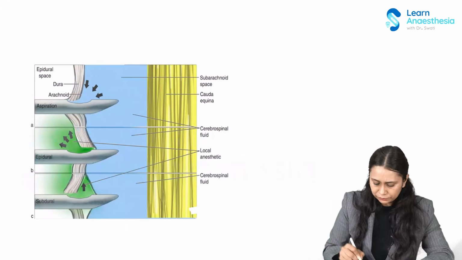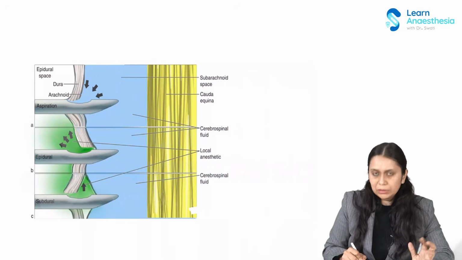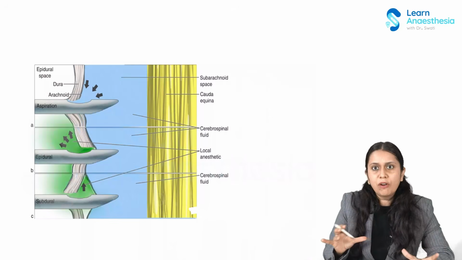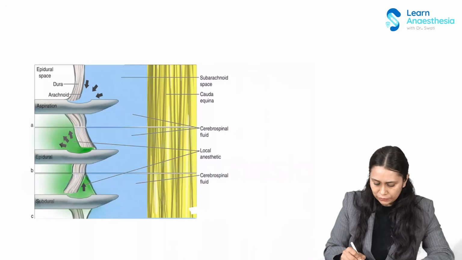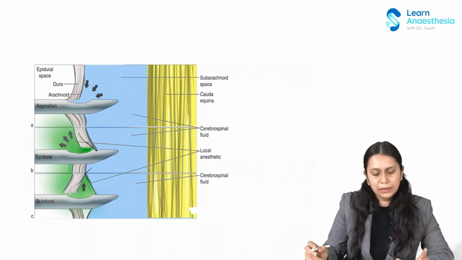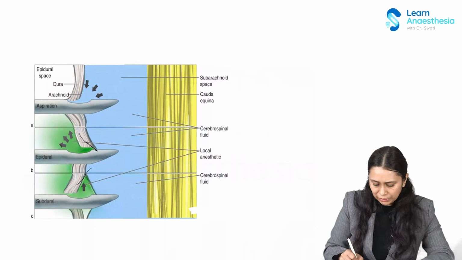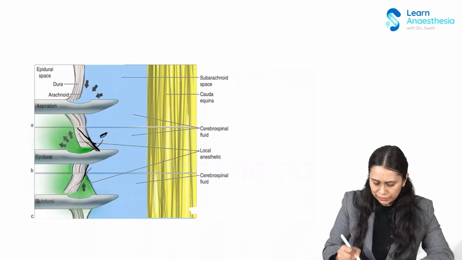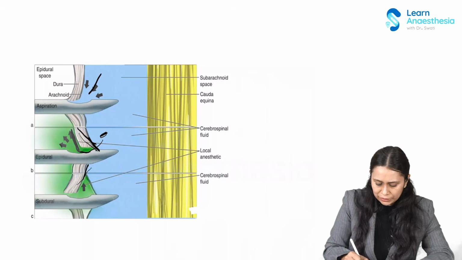A number of times, a closed valve kind of thing happens because of the dura mater. The dura mater creates a valve on the needle, and when we are injecting the drug, this valve prevents the drug from going into the subarachnoid space, and the drug goes into the subdural space.